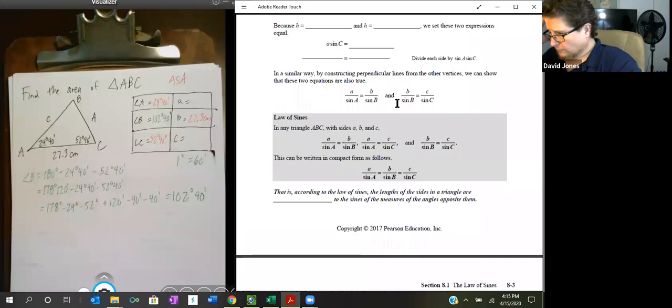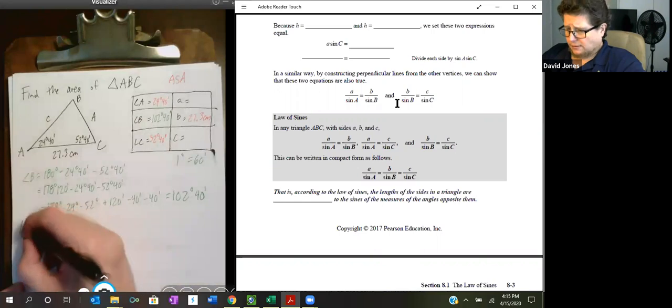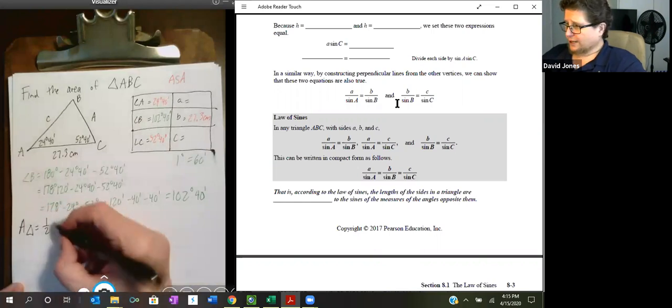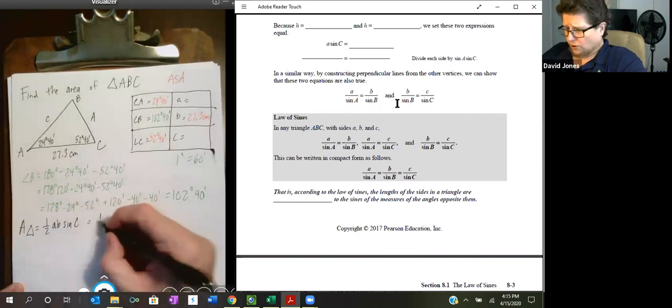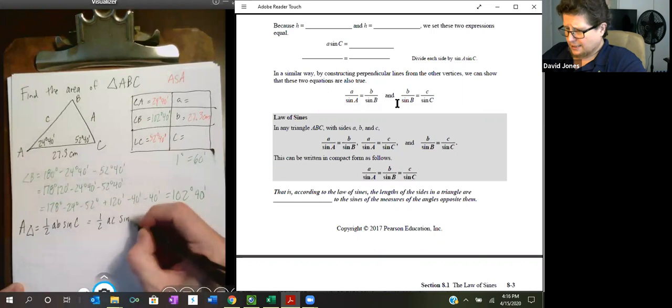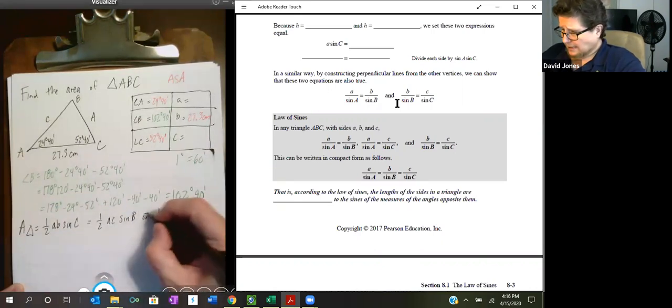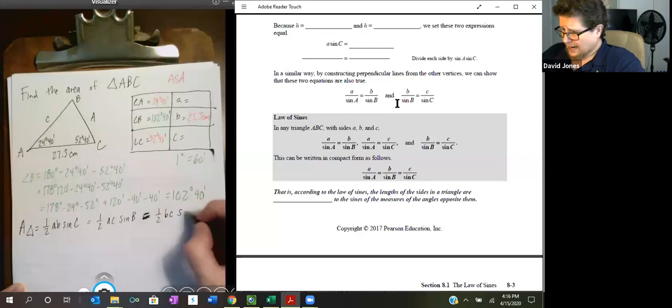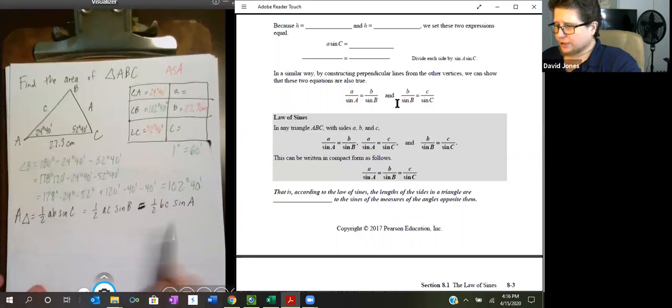So what were our formulas? Let's just see where we're heading. We had 1/2, we can do AB sine C or AC sine B or BC sine A. It looks like I need one more side, right?